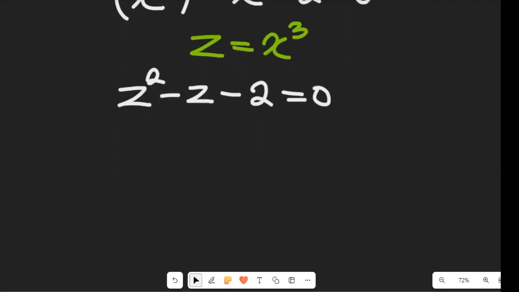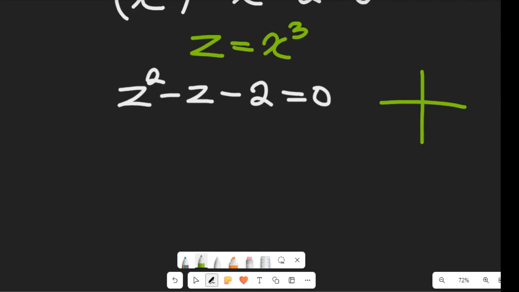Good. Now we're going to use the quadratic expression in solving this. Let's think of two values we can multiply that will give us negative 2. That will definitely be 2 and 1. And when we add such numbers, we'll have negative 1. So 2 will carry a negative sign, and then 1 will carry a positive sign.